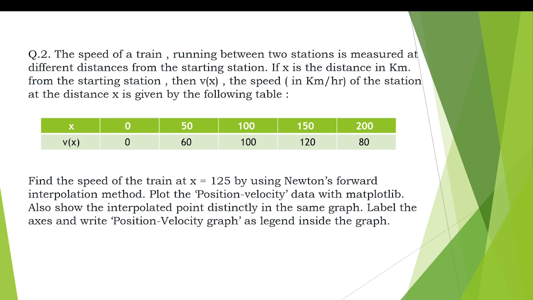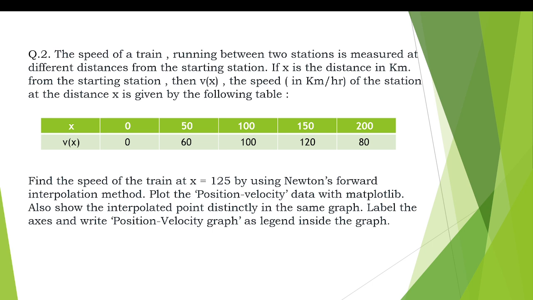The x values here are 0, 50, 100, 150 and 200. Please note that the x values are equally spaced and the spacing here is 50, and the corresponding Vx, that means the speeds, are 0, 60, 100, 120 and 80.